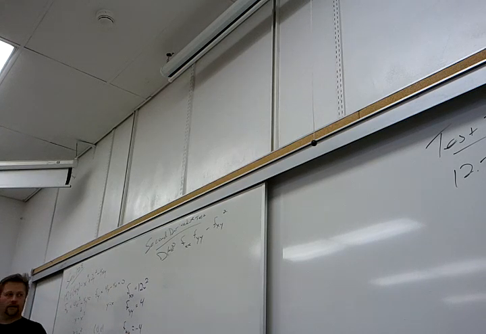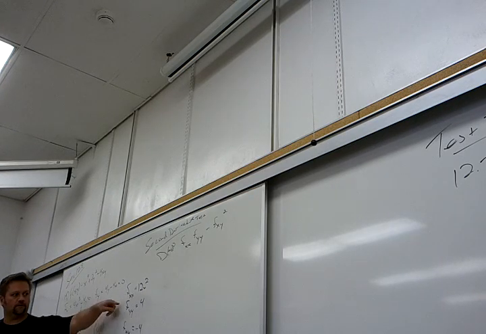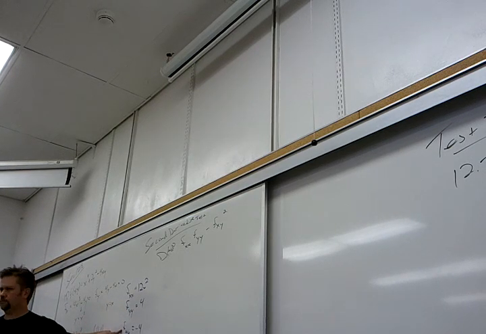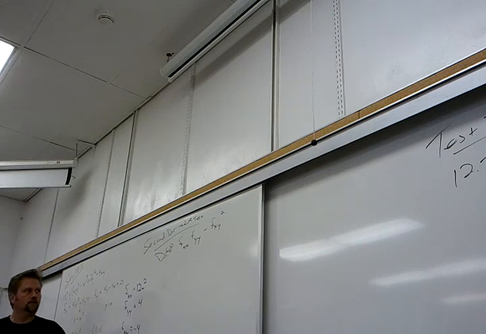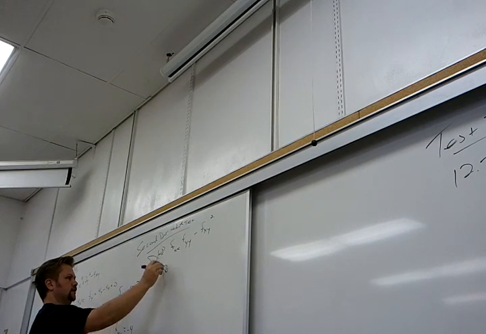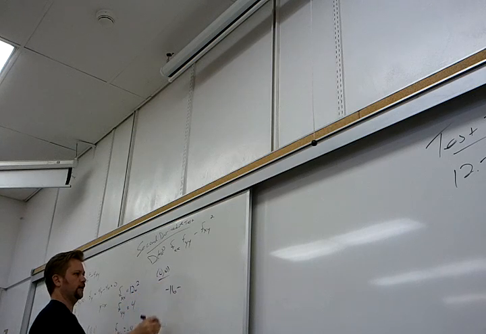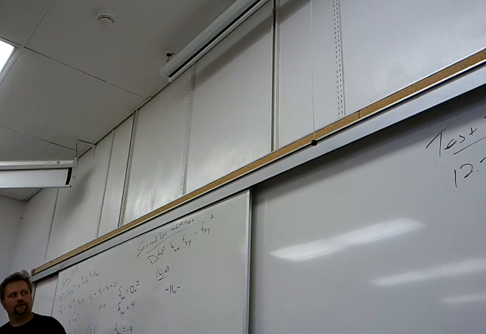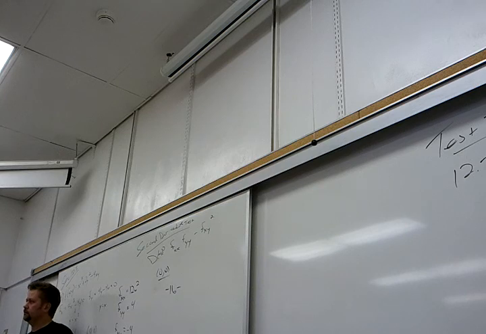Those are cool because fyy is always the same no matter what point you evaluate these at. Isn't that cool? So for any point we do, it'll be -16 minus something.